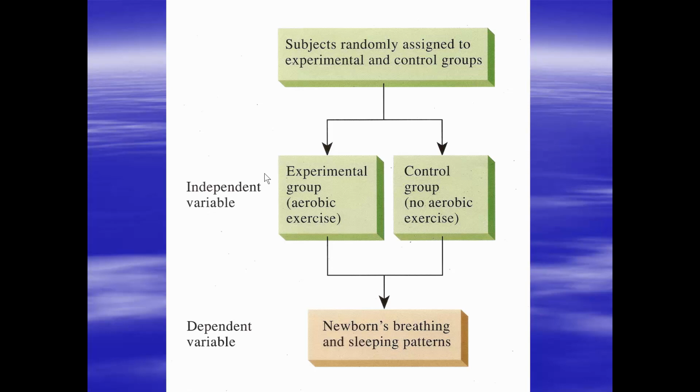In other words, if we found that the experimental group's children were much healthier on breathing and sleeping compared to, say, the control group on average, then we can safely say that the independent variable possibly caused changes in the dependent variable. What I mean by that is the aerobic exercise program, or IV, possibly causes the newborns to be healthier in breathing and sleeping, if that was the case, and that's what we found.